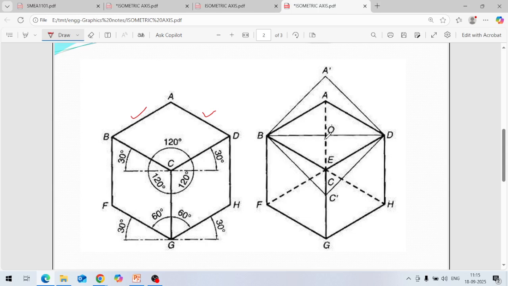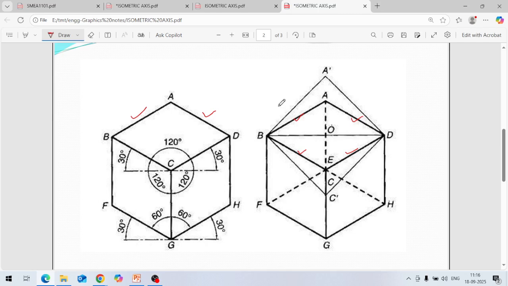And if you see here in this figure, these are isometric lines. BA is an isometric line, AD is also an isometric line, and these are also isometric lines. So these are at 30 degrees and parallel, so these are isometric lines.